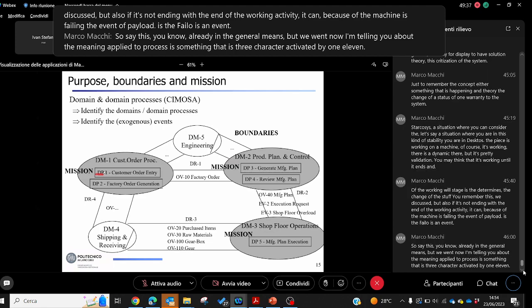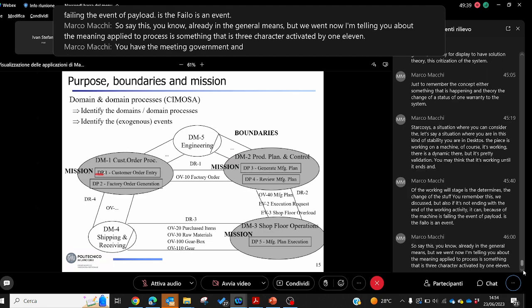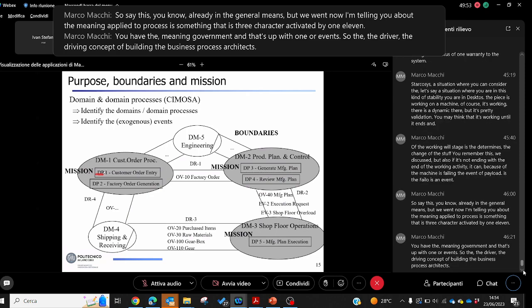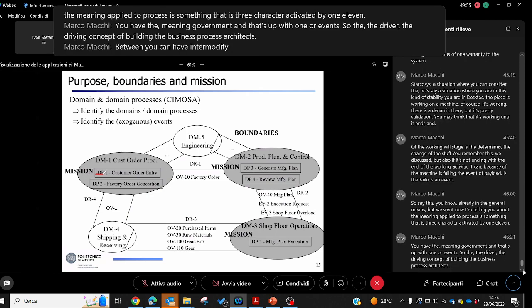You have the meaning of event. So the driving concept of building a business process are events. In between, you can have intermediate events, and you can have functions.